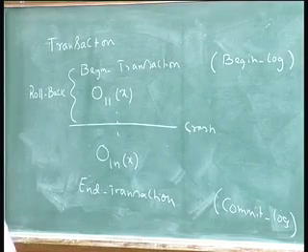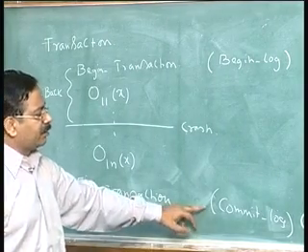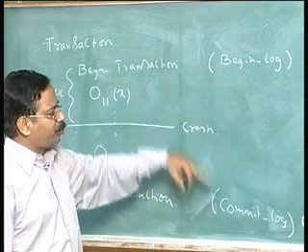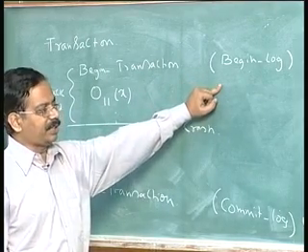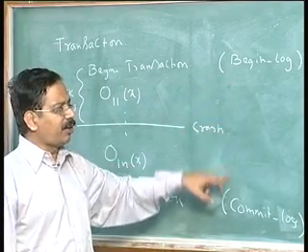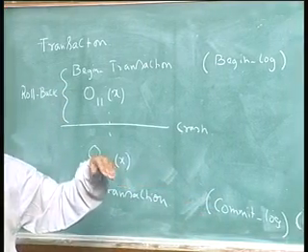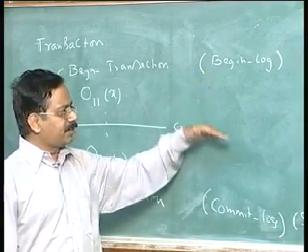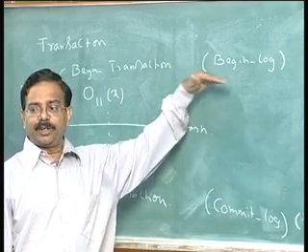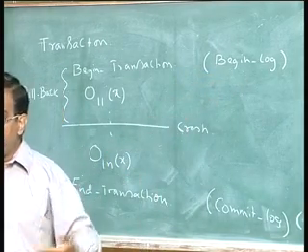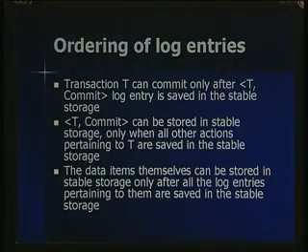Now, before this log is written, all the other entries before this pertaining to this transaction should have also been written onto the stable storage. You should never write the commit log before all the other log entries relating to this transaction have been saved on the stable storage.